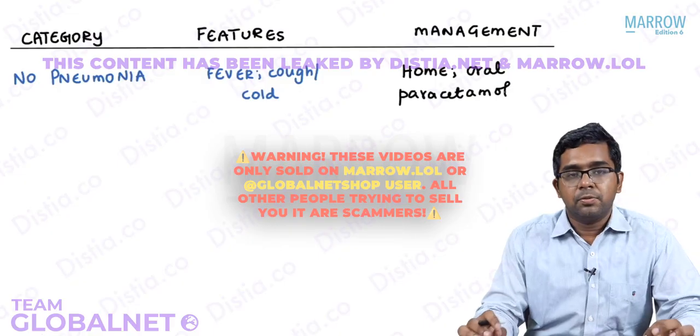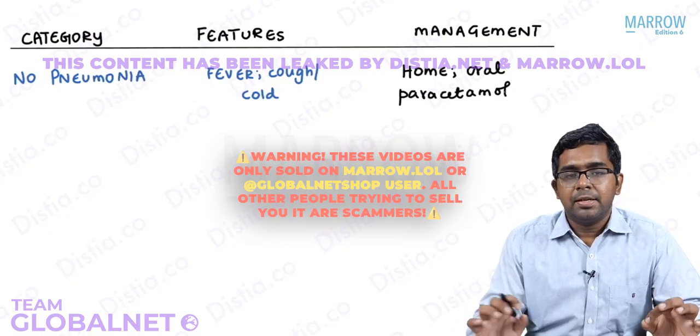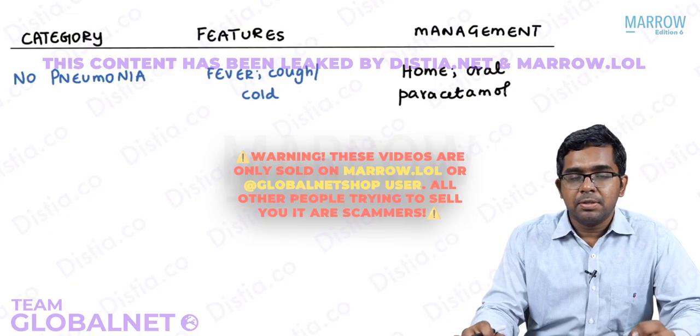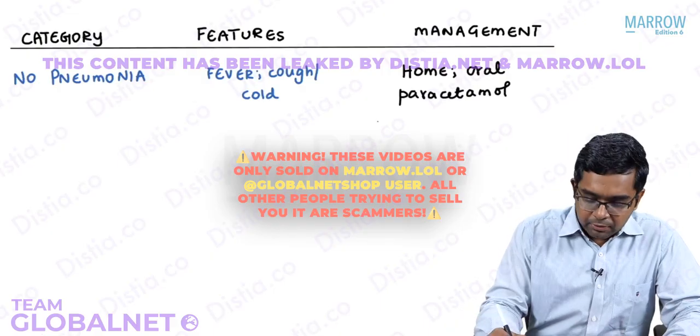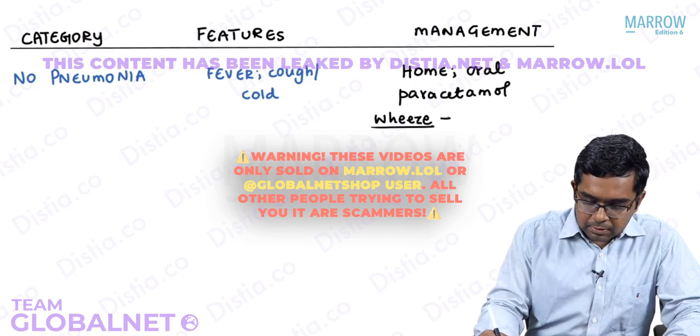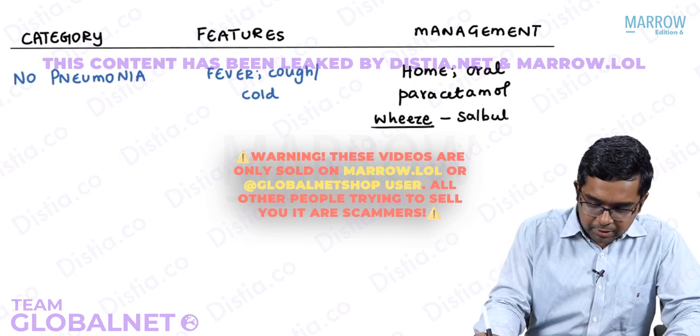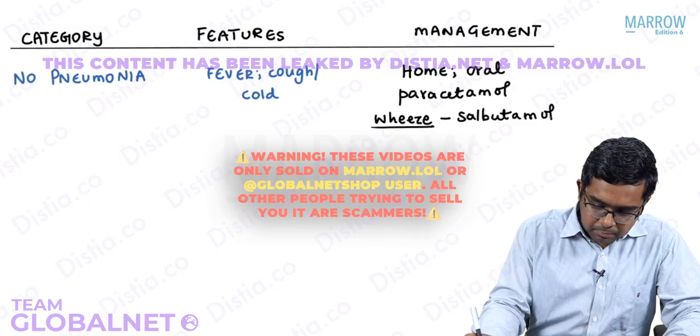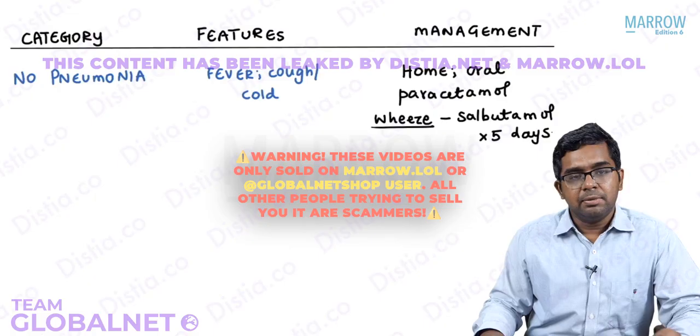That is all that is required for this management. In some children with cough, sometimes wheezing is also noted. If wheezing is noted, then you can give salbutamol for 5 days. That is what is recommended for no pneumonia management.